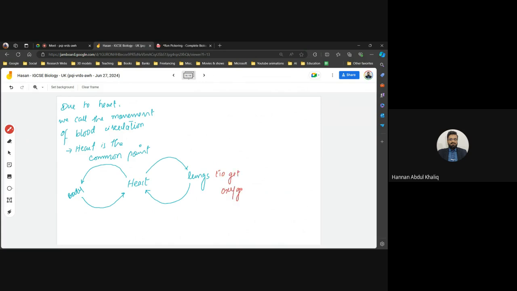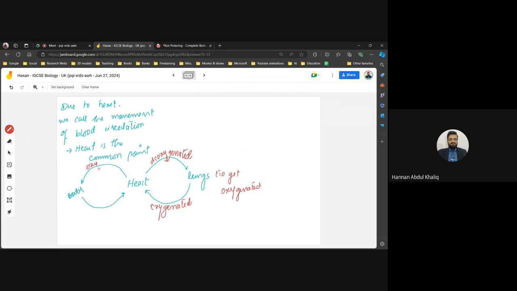It means the blood that is coming from the heart towards the lung is what? It is deoxygenated. It moves through the lungs and it again gets oxygenated. And then the heart pumps the blood to the body.